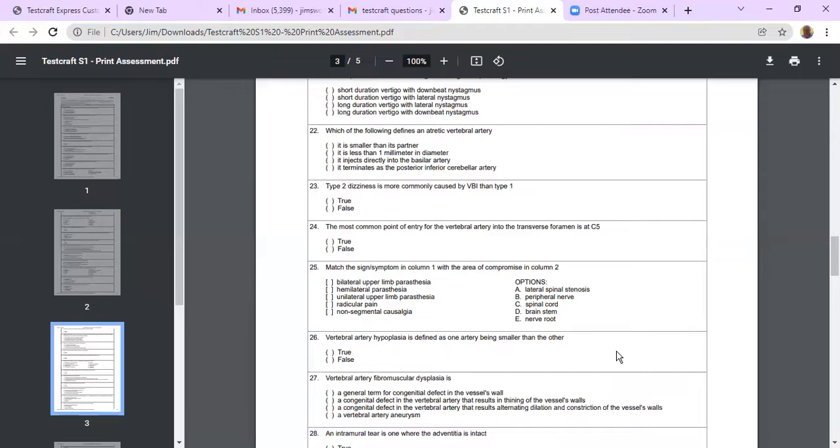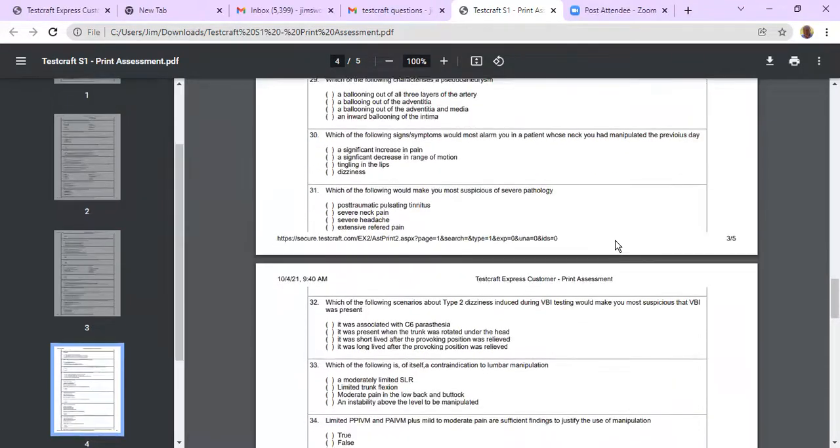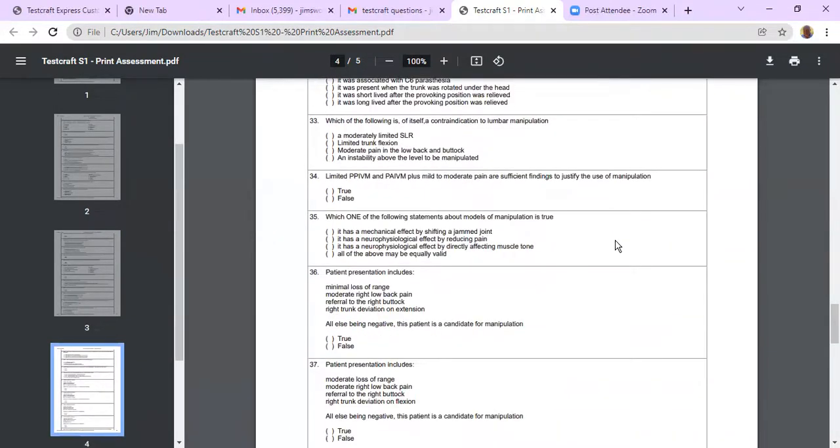Okay, and then the next one would be number 35. Which one of the following statements about models of manipulation are true? So I ended up going with the bottom one, all of the above. Yep. That's okay. It does all of those. Okay, that's what I thought.